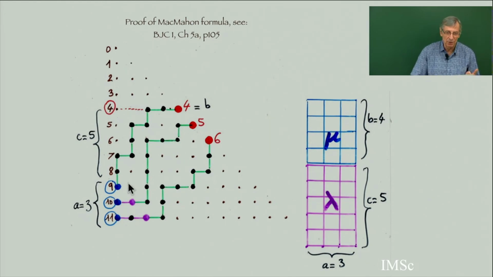If the starting points are consecutive, then there is a recursive formula to compute the determinant. If the ending points are also consecutive, there is another way to compute the determinant. Here we are in both cases, so it's even easier. And by recurrence, you can compute the determinant and see the hook lengths and the contents appearing in this setting, and you get the MacMahon formula.